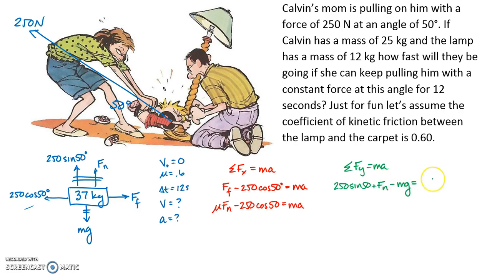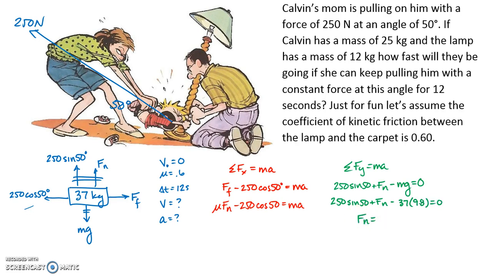Set that equal to ma, but in this case, since we have balanced forces, that's a big fat 0. So now it looks like this normal force just might be solvable. 250 sine of 50 plus Fn minus the mass, which is 37, times g, which is 9.8, equals 0. Solve for the normal force.